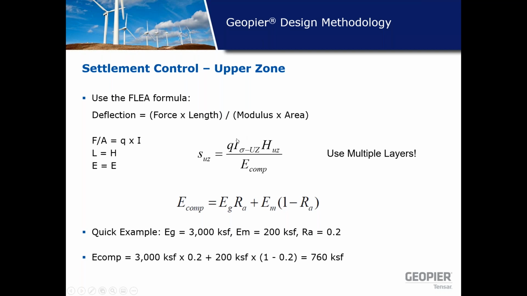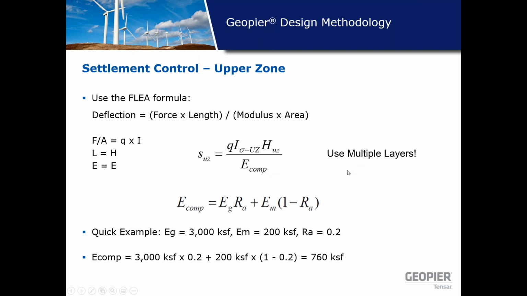And for a large foundation, such as a wind turbine foundation, we would expect that these influence factors would be quite large, i.e. you don't get a lot of reduction of the applied bearing pressure with depth, at least within the pier zone. The H represents the height of the layer, or the length of the element, and E is simply the composite modulus of the soil and the piers, which I'll talk about in a second.